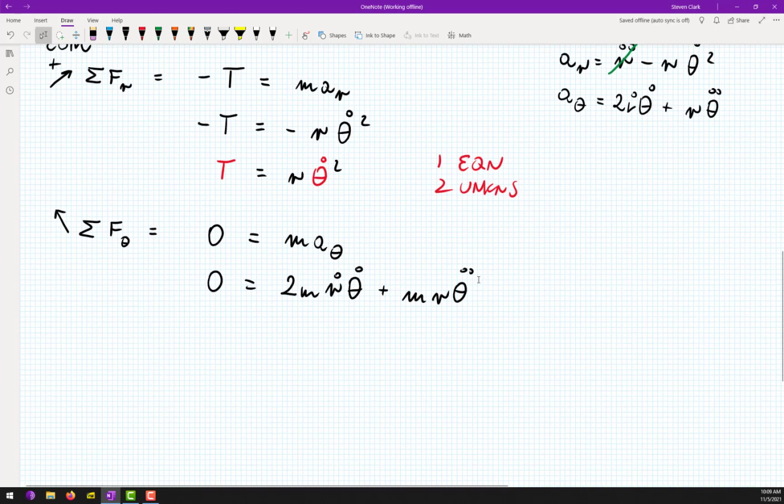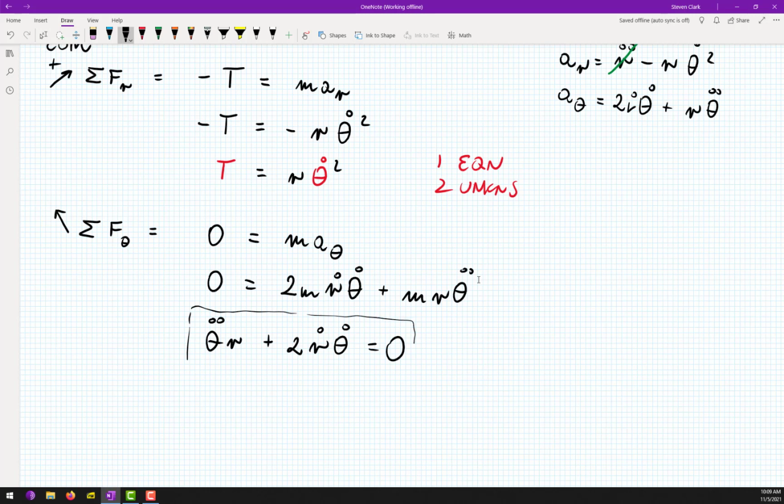So we will end up with such expression, theta double dot r plus 2 r dot theta dot equals 0, yes?